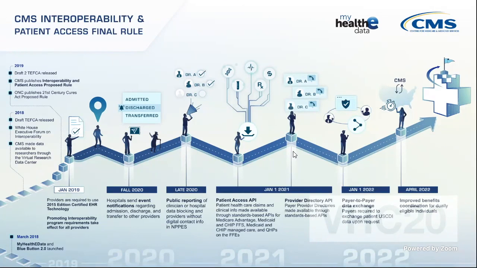Whenever a patient has a status change of an admission, discharge, or transfer, hospitals will send a notification to their primary care doctor, or the doctor that's been associated to them, to alert that doctor that this patient has had a change in their healthcare status and it may be something that you need to follow up on.